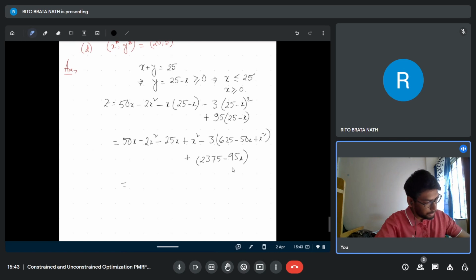So once you do that, you're left with minus 4x square, and 50x minus 25x, so that is 25x.